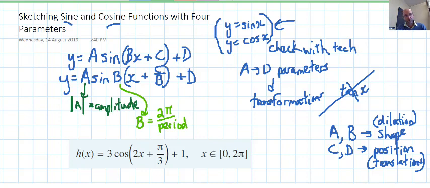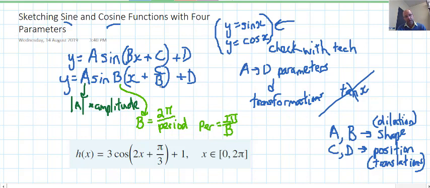And from your previous learning, you might know that the amplitude is half of the difference between the max and the min points in the y direction. B is a compression factor, or a dilation in the horizontal direction, and B is 2 pi over the period, or sometimes it's handy to go period equals 2 pi over B.